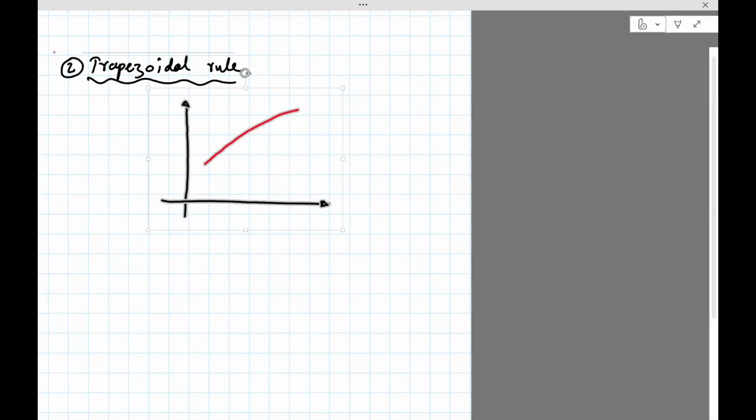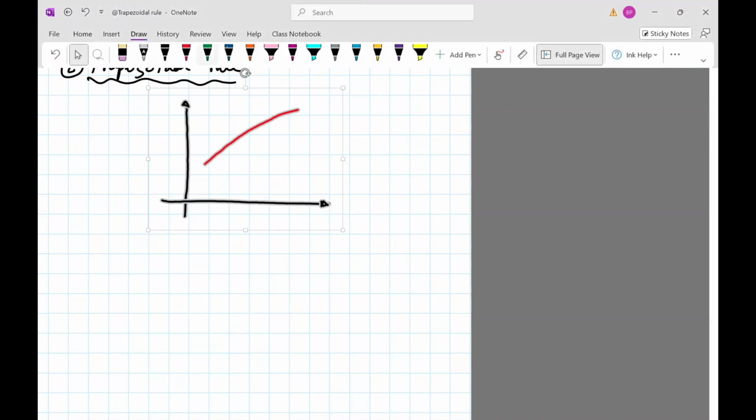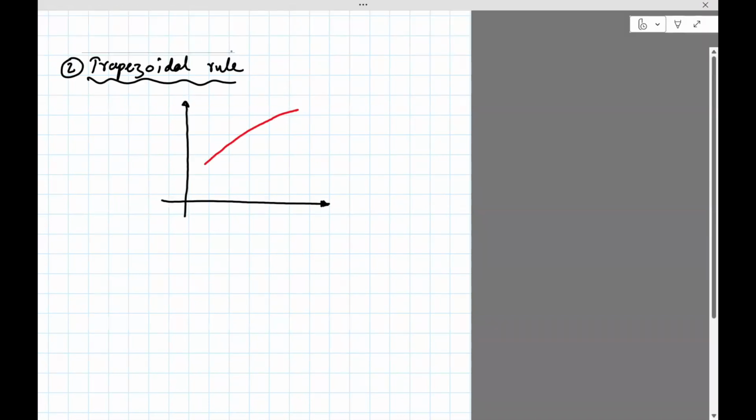So here what we do is the following. We have, as usual, A and B. We'll split it into n intervals, each of length delta x, which doesn't change.